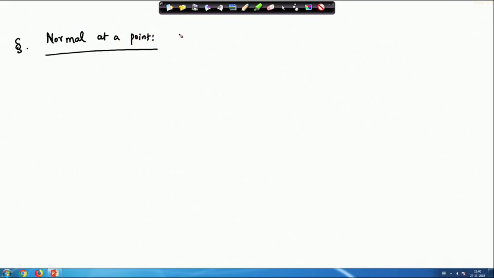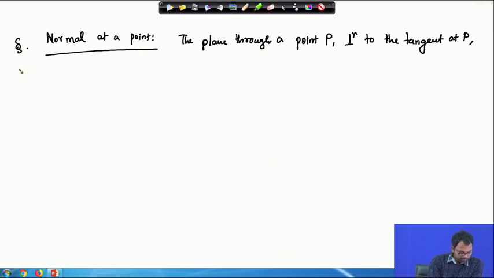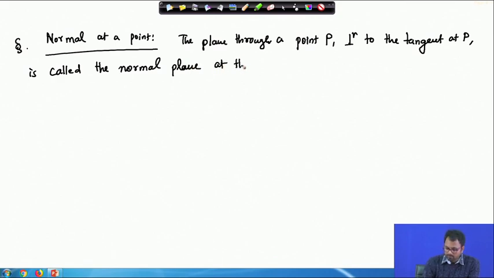So, what is the definition? The plane through a point P perpendicular to the tangent at P is called the normal plane at that point.